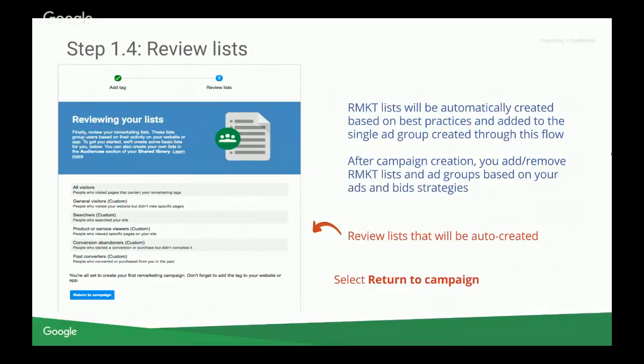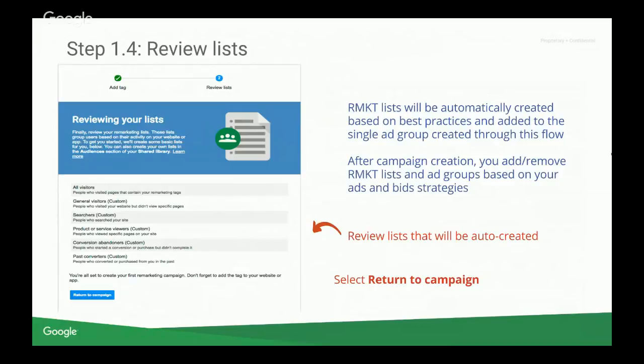You have all visitors, you have general visitors, you have searchers, which means the people who searched your site. You have product or service viewers, people who viewed specific pages on your site. You have conversion abandoners, people who started a conversion or purchase but then didn't complete it. And then you also have past converters, which are people who converted or purchased from you in the past.